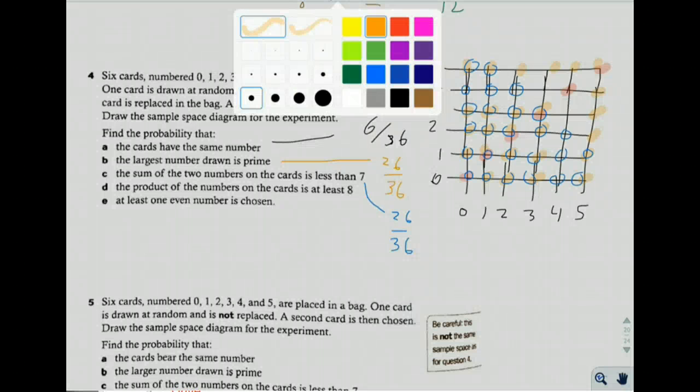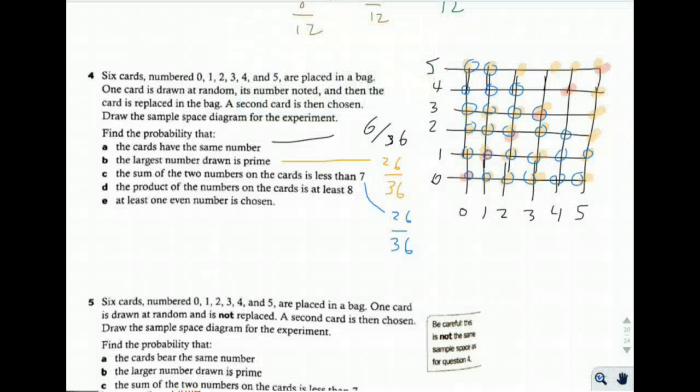D, the product of the numbers on the cards is at least 8. So that would be 2 times 4 and 4 times 2.